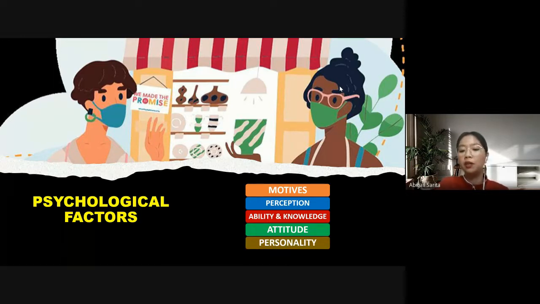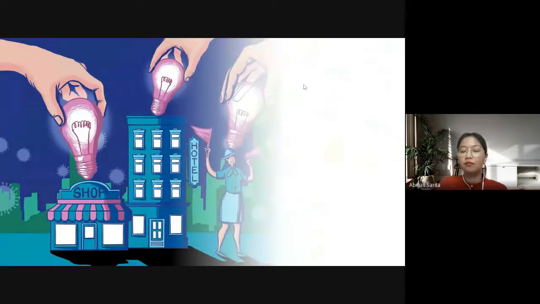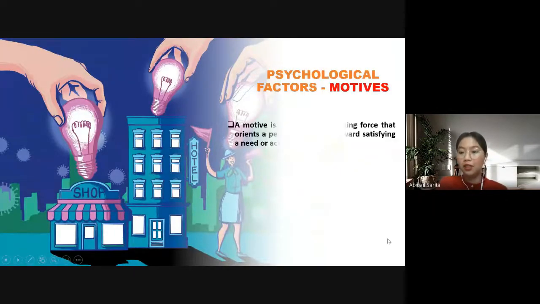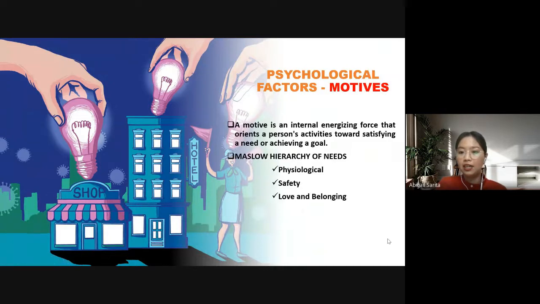Personality, so it will fall under attitude, personality, and lifestyle. So kung lifestyle mo, mahilig ka sa gadgets or mahilig ka mag-travel, mahilig ka sa food or sa mga adventure activities, so it's up to you on how are you going to purchase products and services which will fall under psychological factors. So yun, inisa-isa ko lang siya, class.